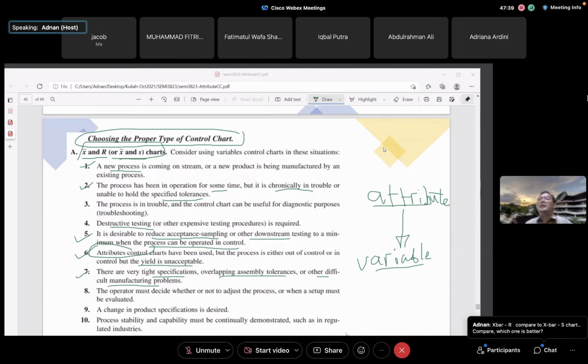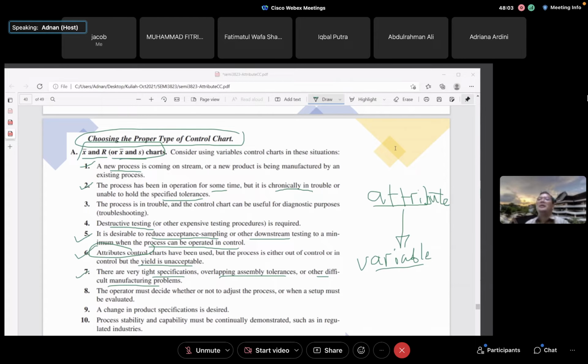I put this chat box, you can respond. Good, there is already an answer. The question is: X bar R and X bar S chart, compare which one is better.